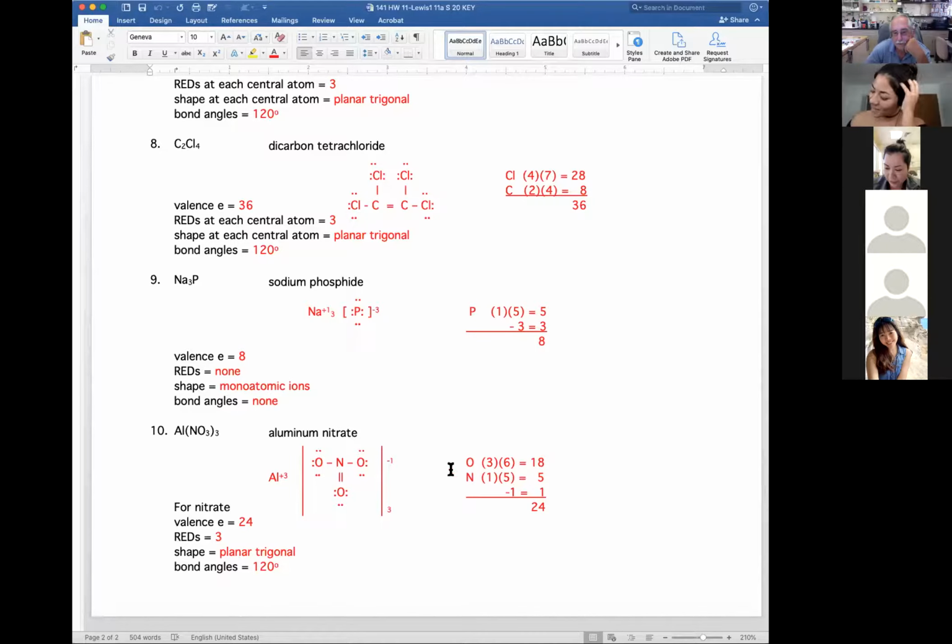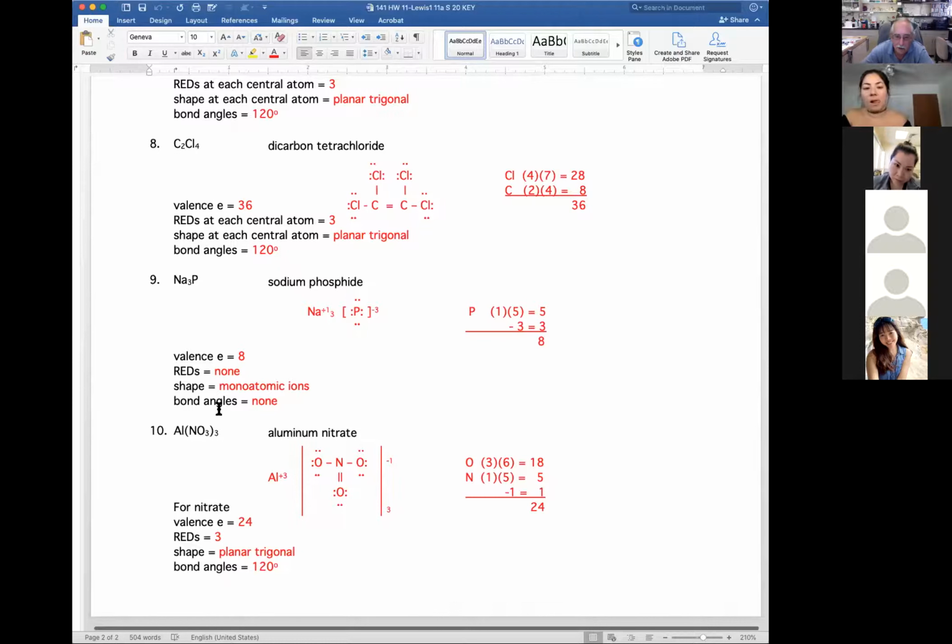No, this is only for the polyatomic ion. Can you see what I have on the screen? You have 3 oxygens in group 6, so that's 18. 1 nitrogen in group 5, so that's 5. And that negative 1 charge, you have to count that as well.